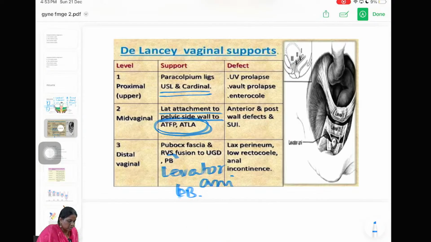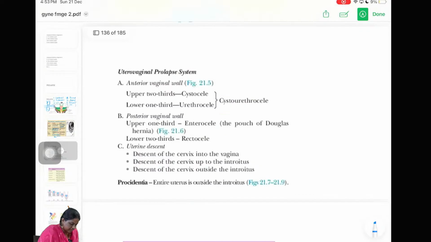Now if the supports are gone, what defects can be created? If the first support is gone, UV prolapse will happen and there will be enterocele.